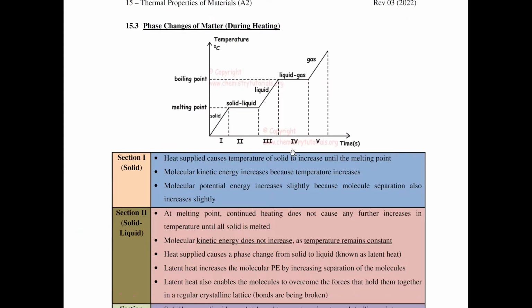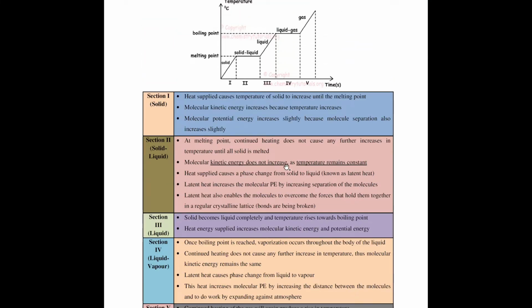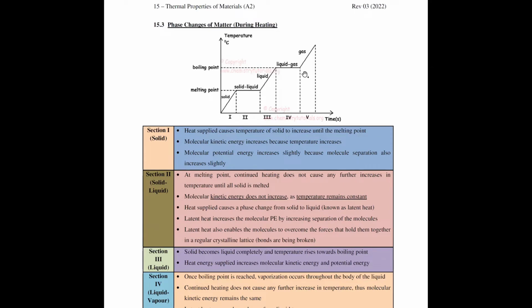All right, next page. Now, what happens when you try to heat a particular substance from solid all the way to gas? This is your graph that looks like this. Now, during the process in which you are heating your substance from here to here, we generally say that heat is supplied, internal energy increases.